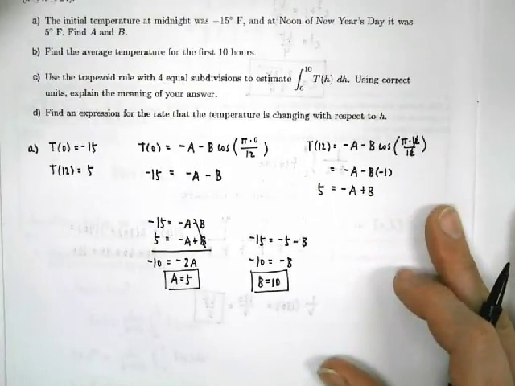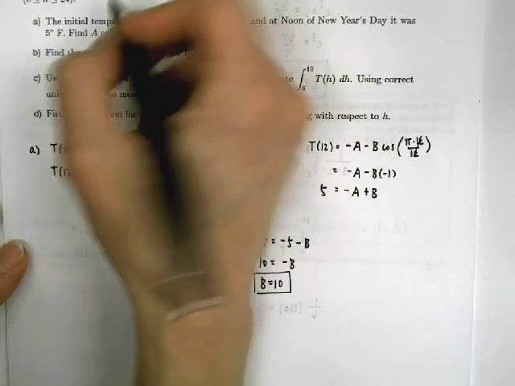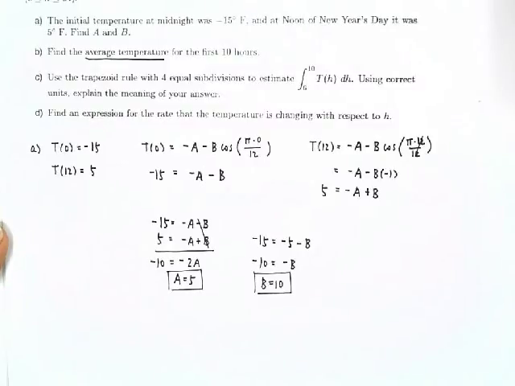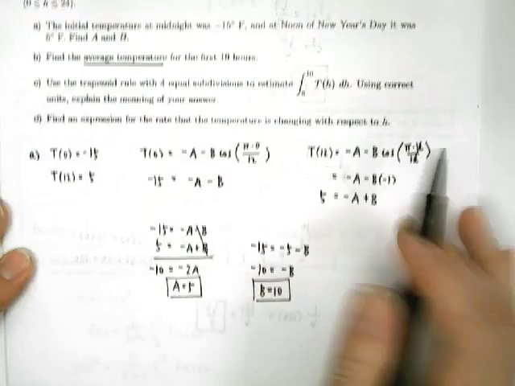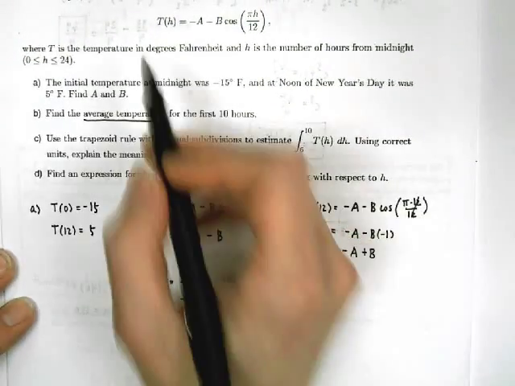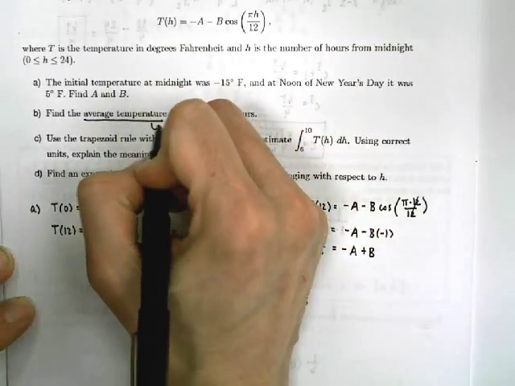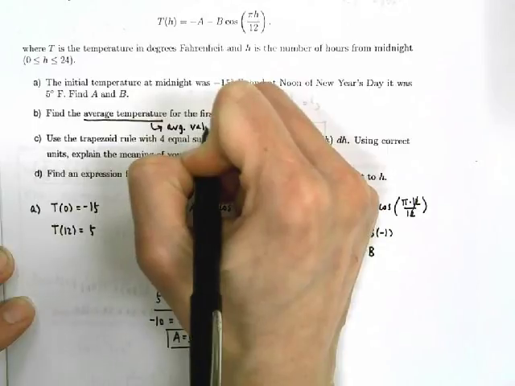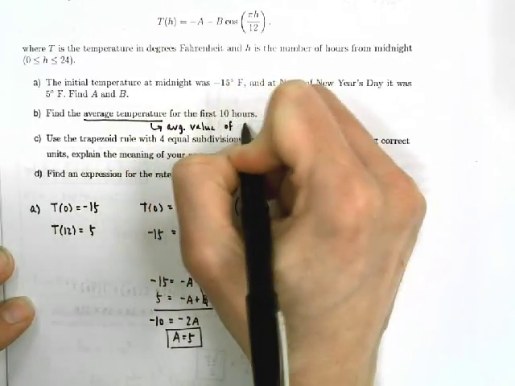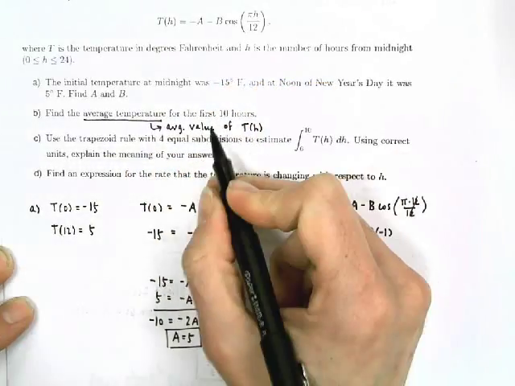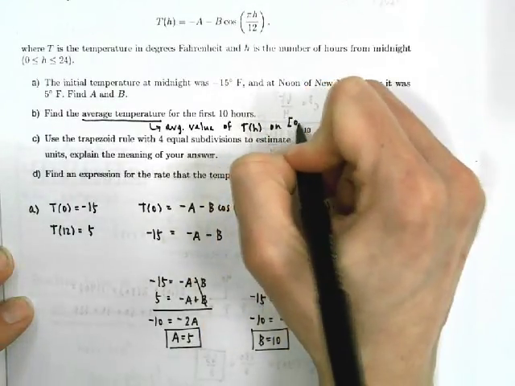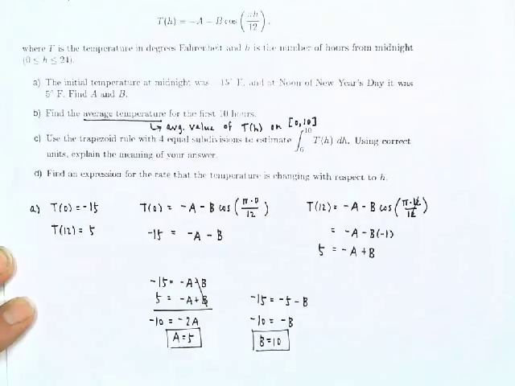Okay, for part B, it's asking us to find the average temperature. Well, since the function that we're being given is a function for temperature, my T of H here, all this is asking us to do is to find the average value of T of H. And since it's for the first 10 hours, it's going to be on the interval from 0 to 10.